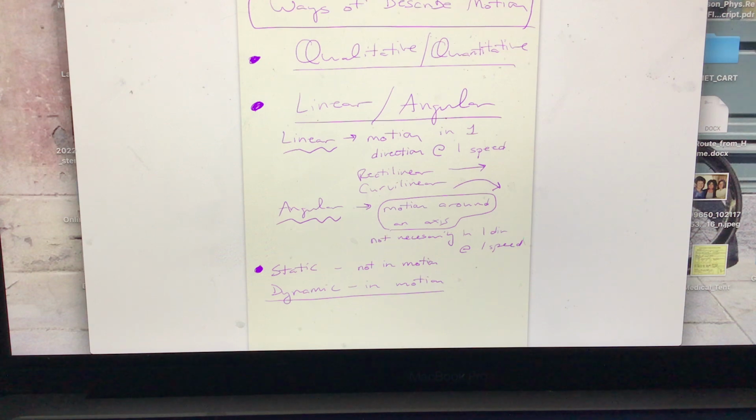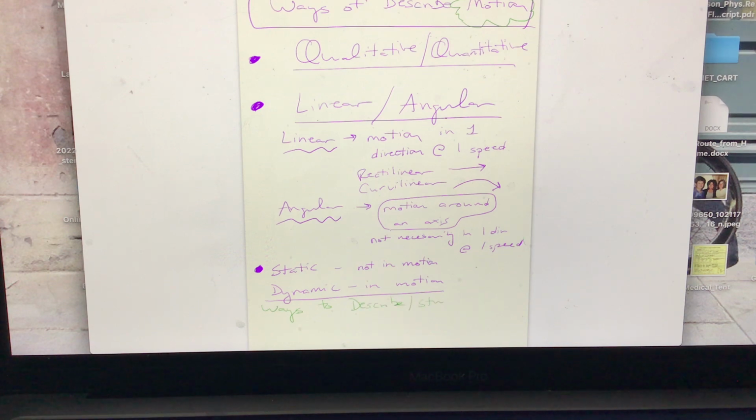perhaps a better way of thinking about it. Up here, I purposely said these were to describe motion. If I wanted to really be specific, kinematics and kinetics would be ways to describe or study mechanics.